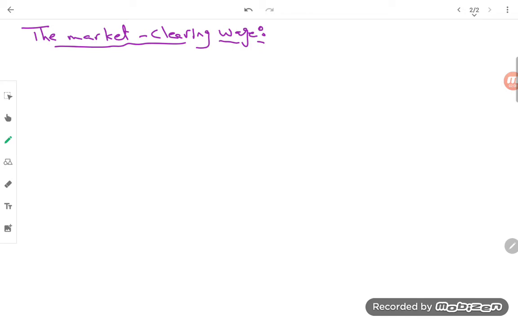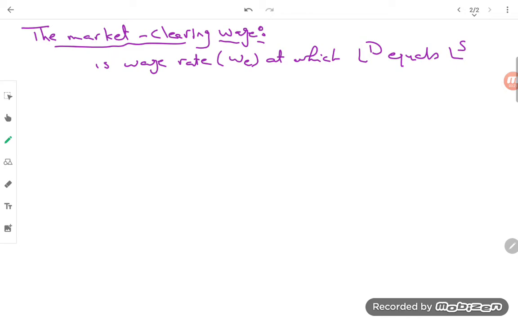So the market clearing wage is the wage rate at which labor demand equals labor supply. Or in other words, there is no surplus, there is no shortage in this market.